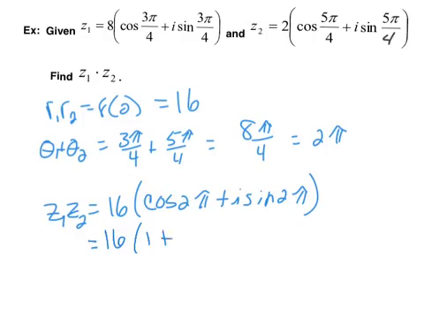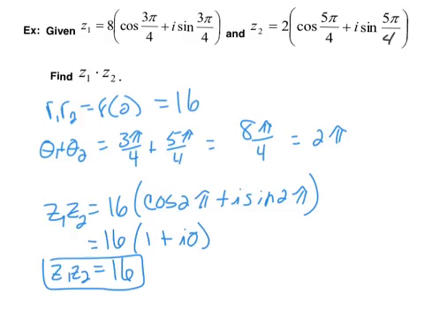For the sine of 2 pi, it's 0. So multiplying those two complex numbers out, we end up with a value of 16 for z1 z2. That's in rectangular form, and this one is in polar form. We can represent it both ways.